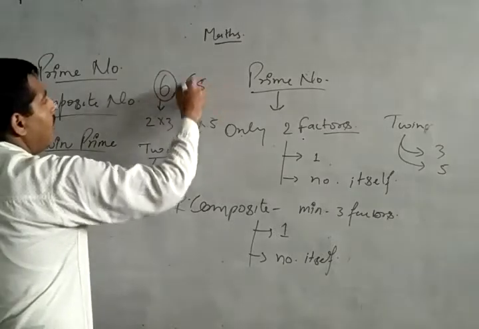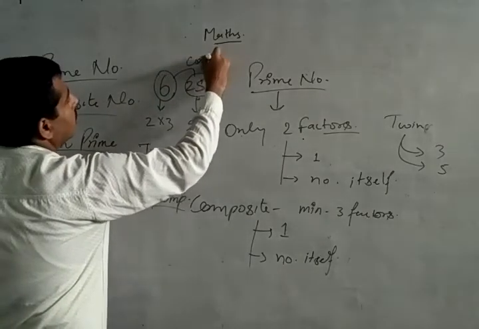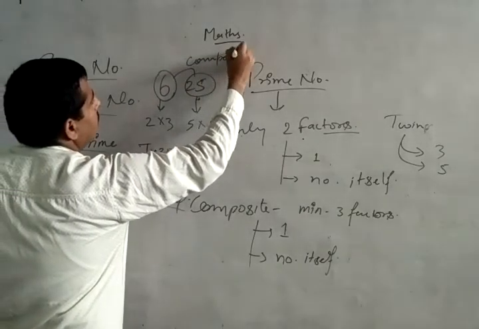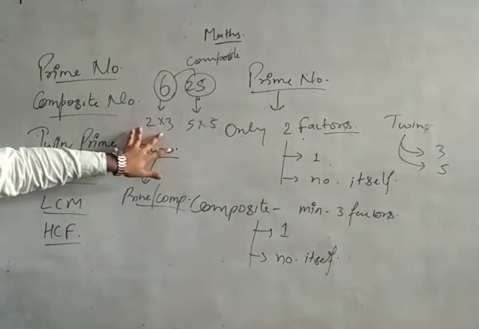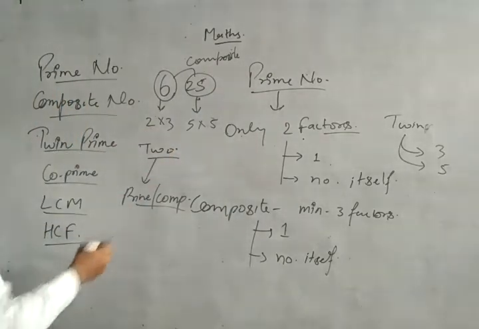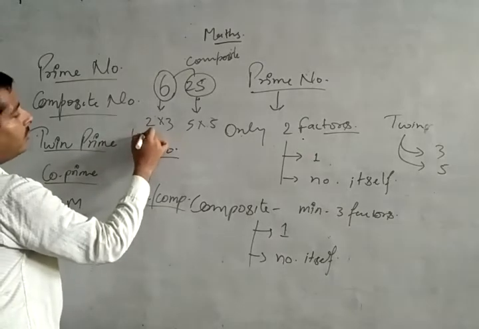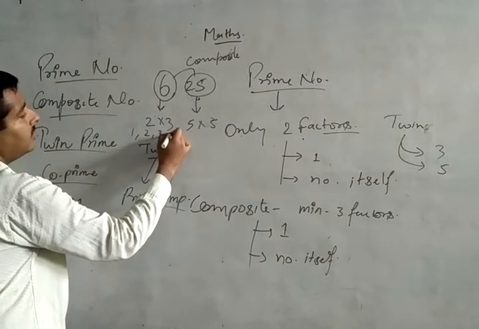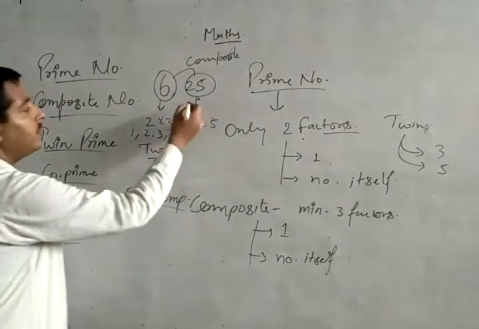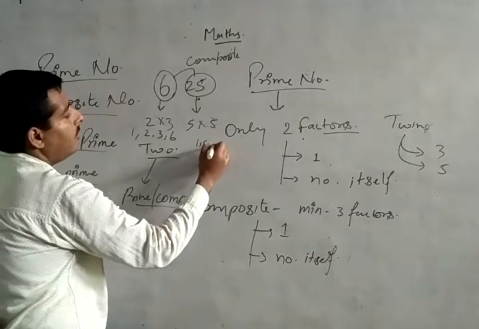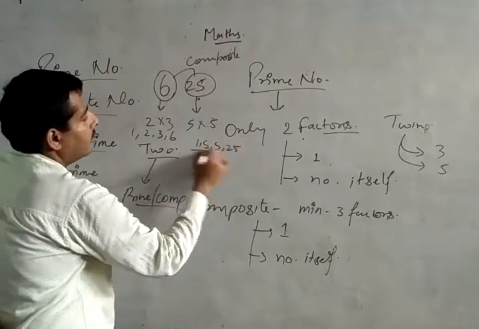These both numbers are composite. Why? Because they have at least one extra factor except 1 and the number itself. The factors of 6 are 1, 2, 3 and 6, while the factors of 25 are 1, 5 and 25.